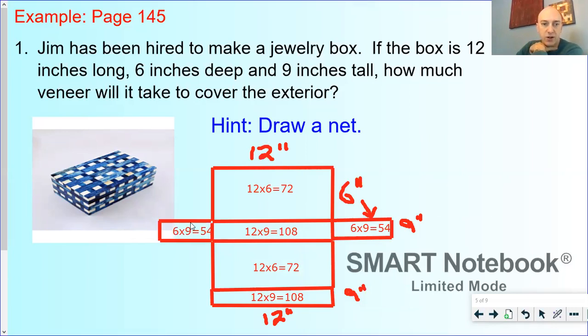So as you can see, we've got all these areas we can add up. 72 plus 54 plus 108 plus 54 plus 72 plus 108.